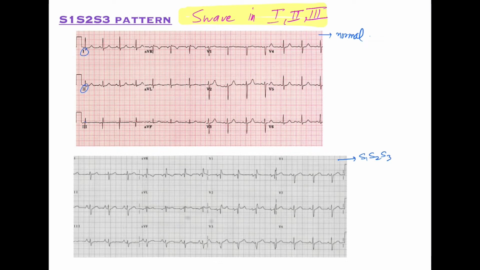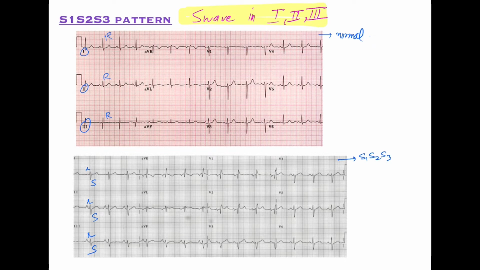So when you look at the leads 1, 2 and 3 in the normal ECG, you will see that the major part of the QRS complex is being formed by the R waves, which are positive in deflection. But when you see the ECG below, you'll see that the S wave is the one that is forming the major portion of the QRS complex.